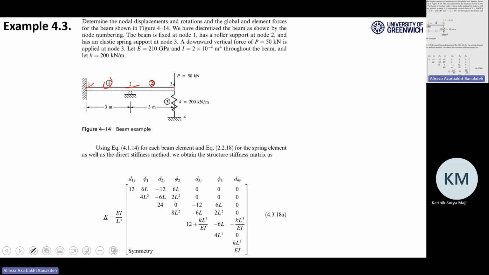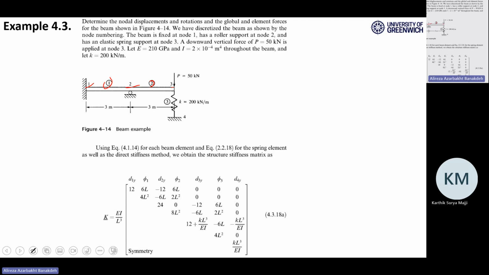And because you have nodes 1, 2, 3, you have 2 degrees of freedom for each node. So 3 nodes all together times 2 means 6 degrees of freedom, right?